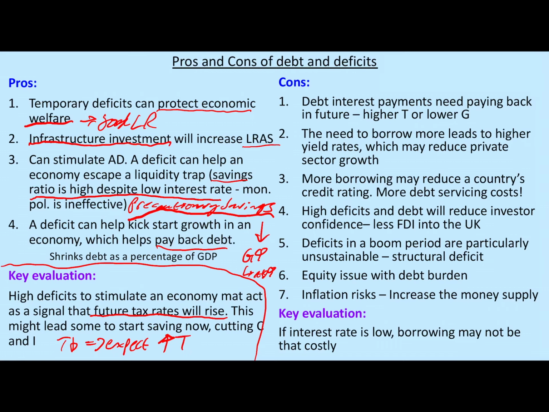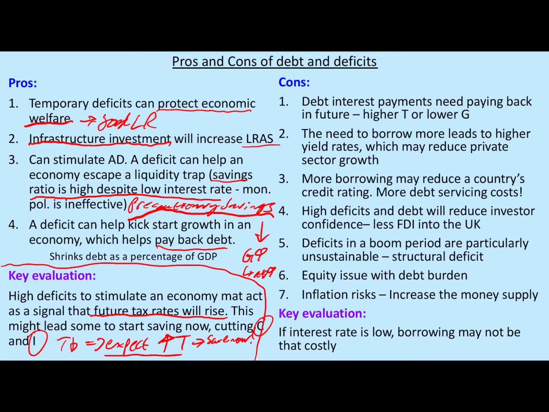And in order to maintain a constant level of welfare into the future, they might try and save now so that they have more money in the future when there's higher taxes. And this might lead some to start saving now, cutting consumption and investment.